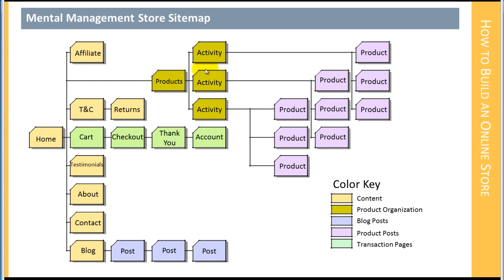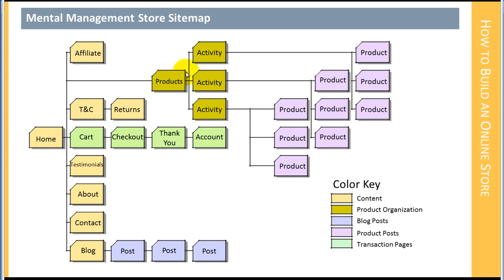Each one of these activities is the custom taxonomy called product category, and product category could be shooting or golf or archery or bowling.